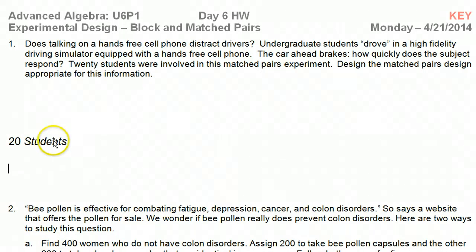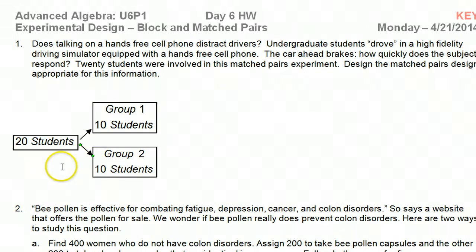We start off with all of our subjects. So we start off with 20 students. Now, these students have to be randomly assigned into two groups. The idea is these 20 students will be split up into two groups, which we could call Group 1 and Group 2, each with 10 students.